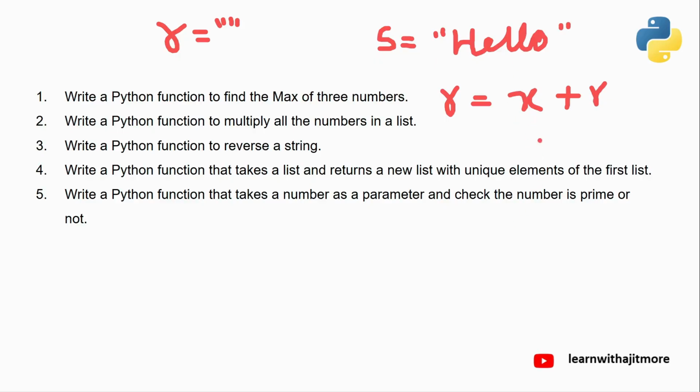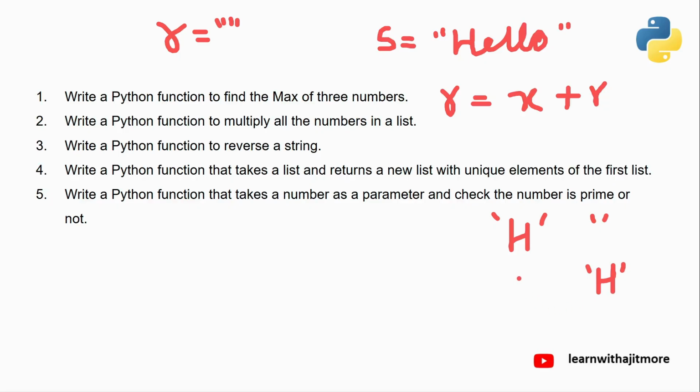So what will be X for the first time? H. And what is R? Empty string. When you join them, it will become H, and store it in R again. Therefore, for the next time, what will be R?